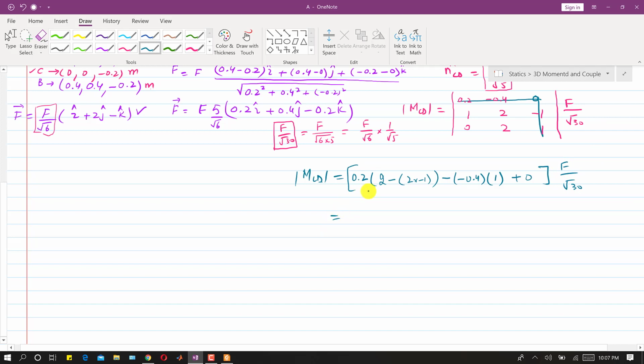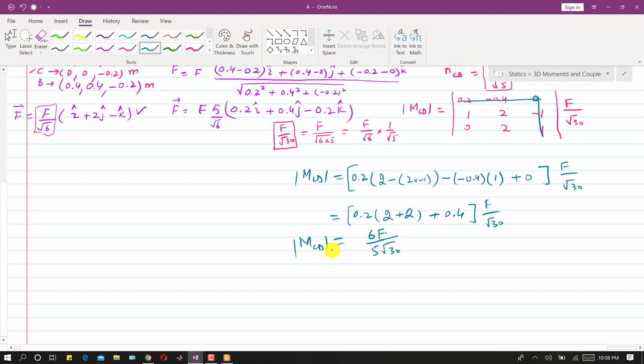Now if I simplify this, it will be 0.2 times, 2 plus 2, so this becomes 0.4 plus 0. If I solve this, it comes out to be 6 divided by 5. And this whole is multiplied with F divided by root 30, so this becomes 6F divided by 5 root 30, which is equal to M_CD.